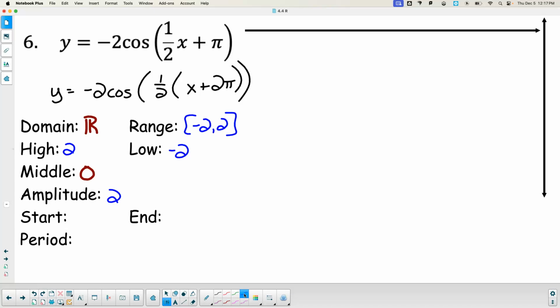Start value: starts at -2 pi. Period: 4 pi, which means it ends at 2 pi. Cosine, high to high, right? Flipped or not flipped? Flipped. This one is flipped.